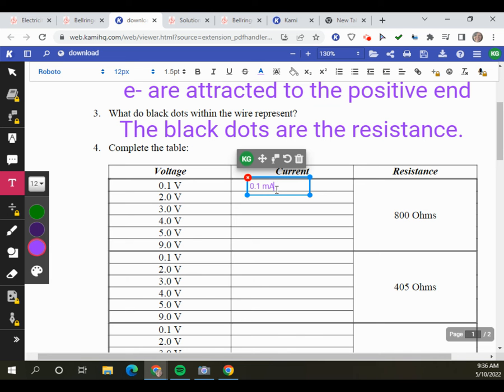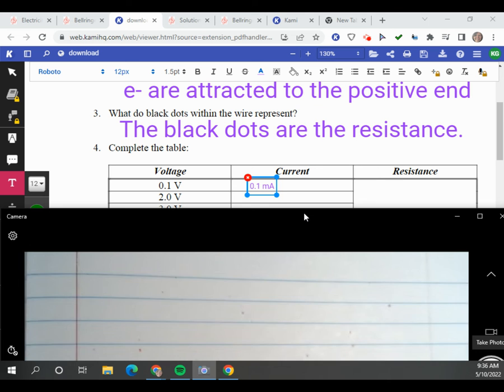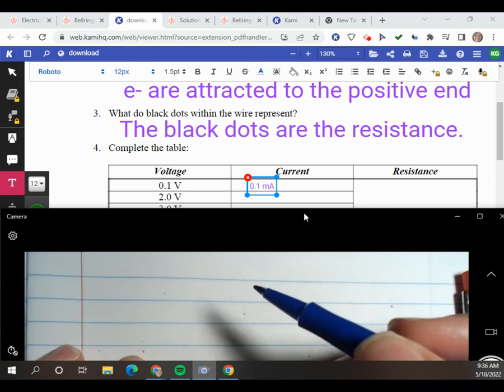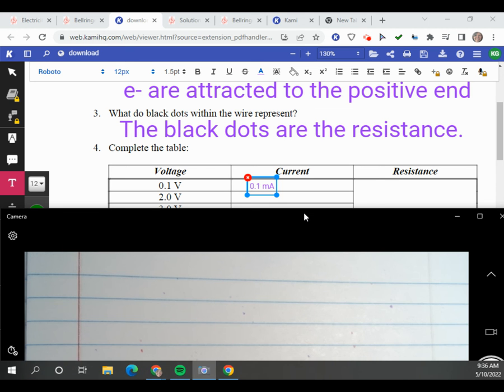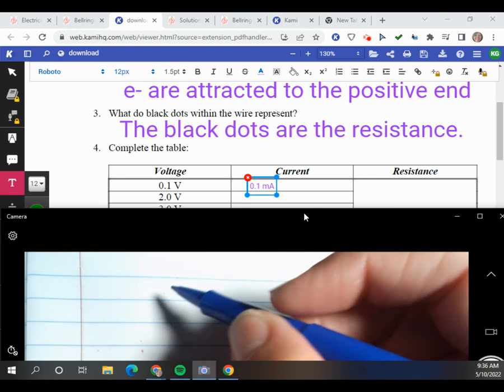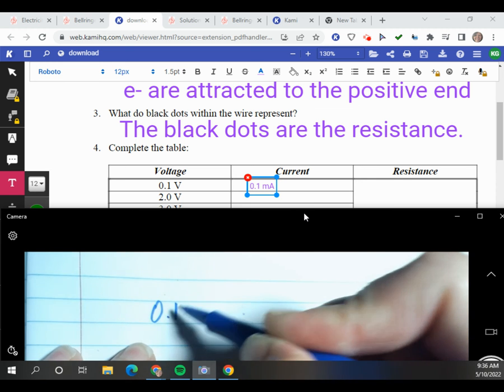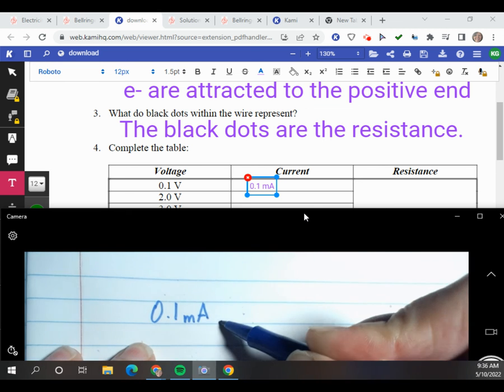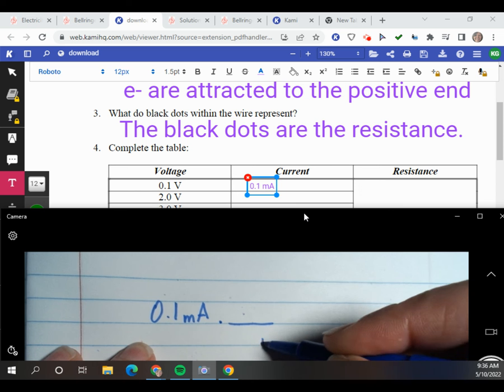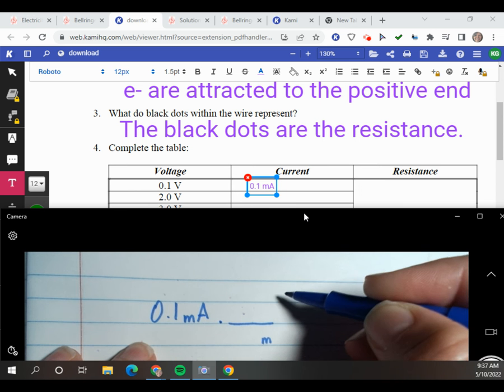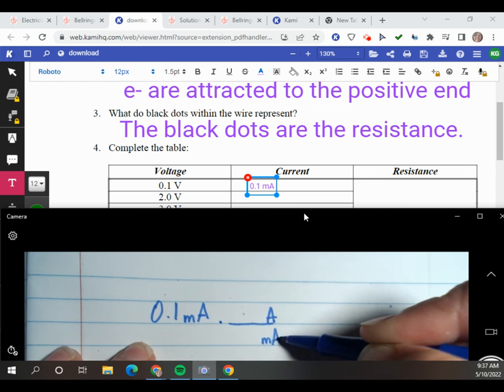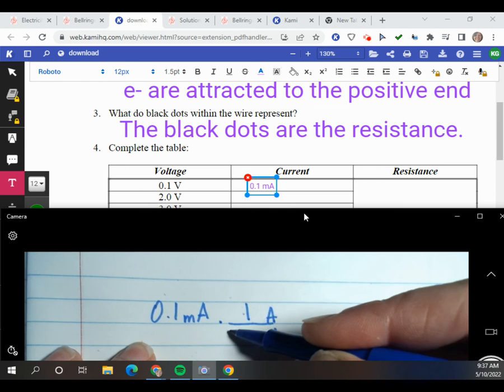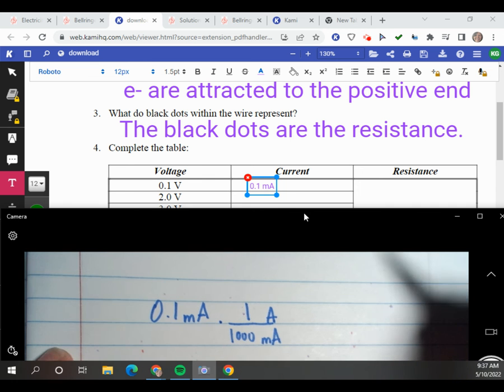Now, we need to remember milli is 1,000. So let's bring up our scratch paper here, and we're going to look at what we have. We have 0.1 milliamps. I want that to be regular amps. So I'm going to say milli to regular. So 1 amp is 1,000 milliamps.